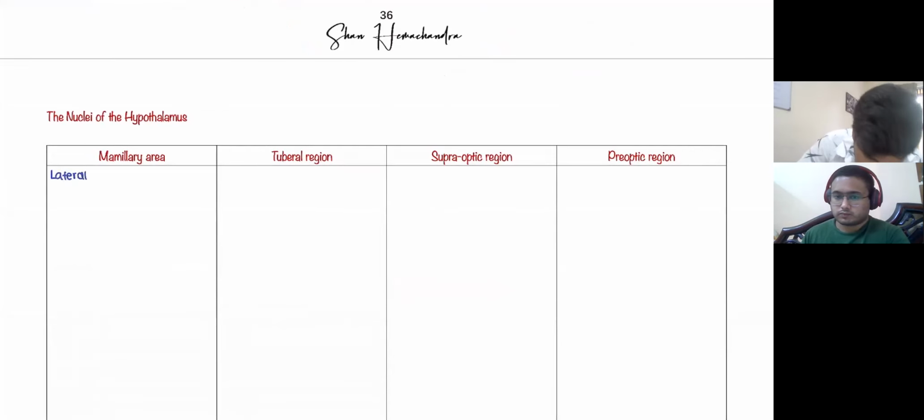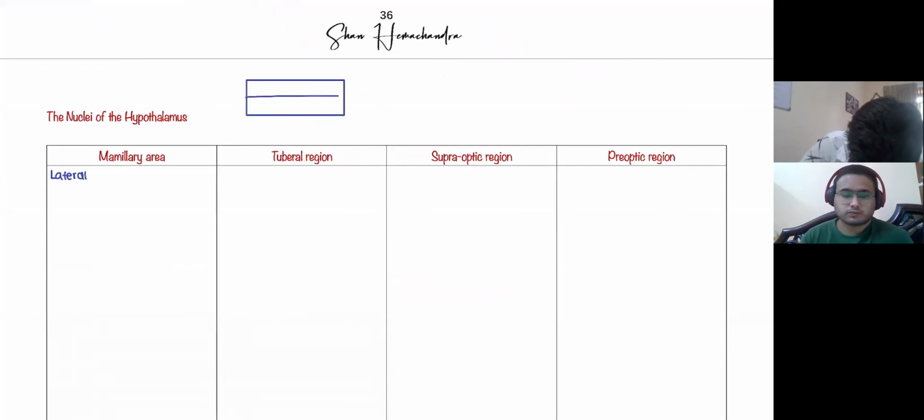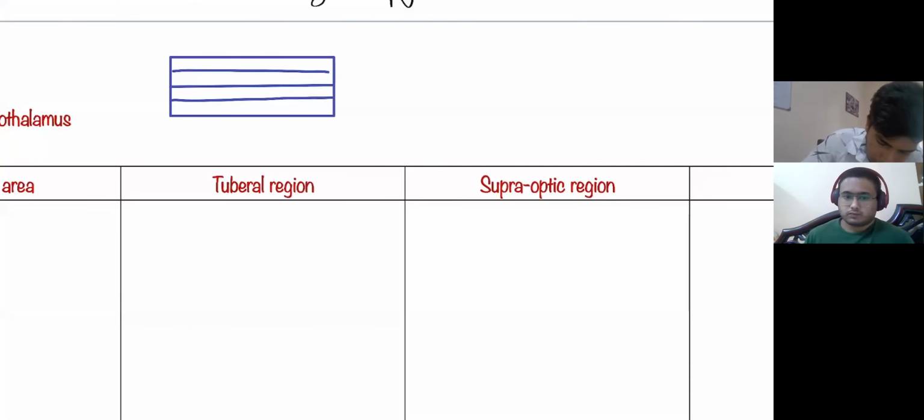Let me just clarify one more time. The hypothalamus is divided into 4 areas by the fornix and the third ventricle.